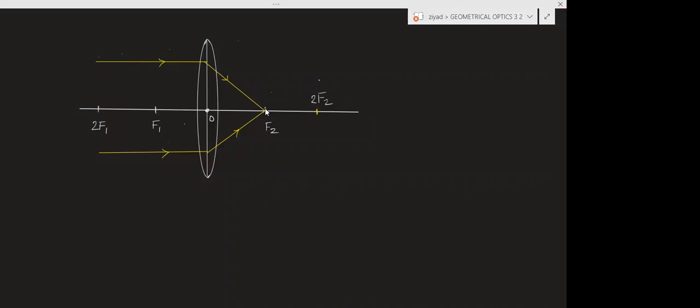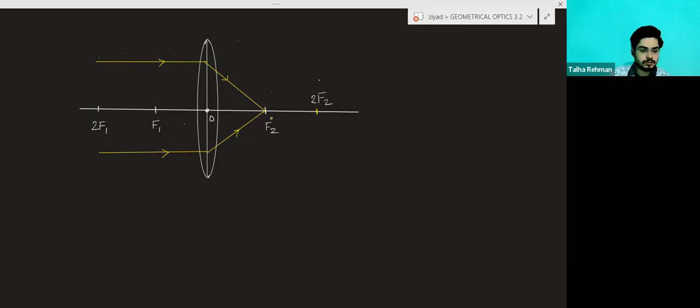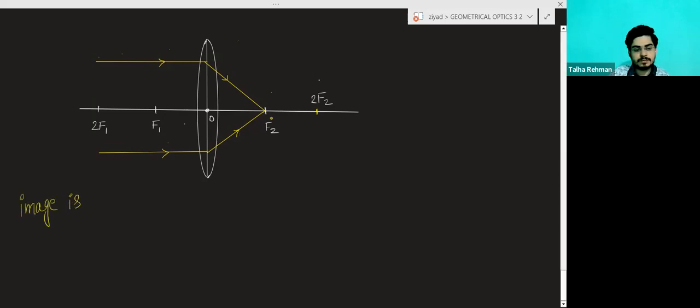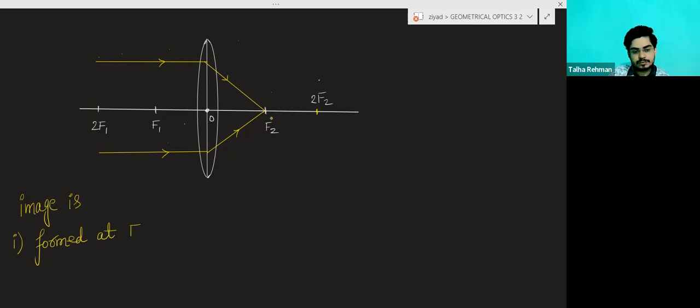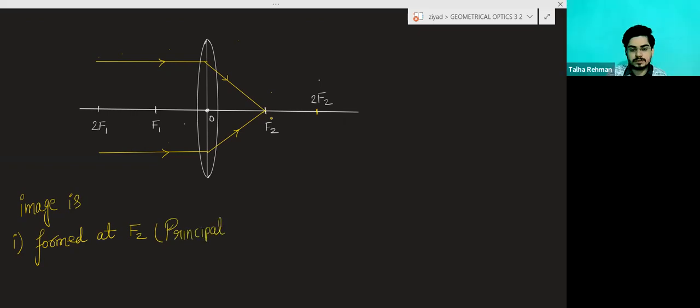Size of the image will be very, very small. It will be real and inverted, and its position at the focus. So the image, number one, is formed at F2. F2 means principal focus. We discussed just now what the principal focus is. The second focus is the principal focus.